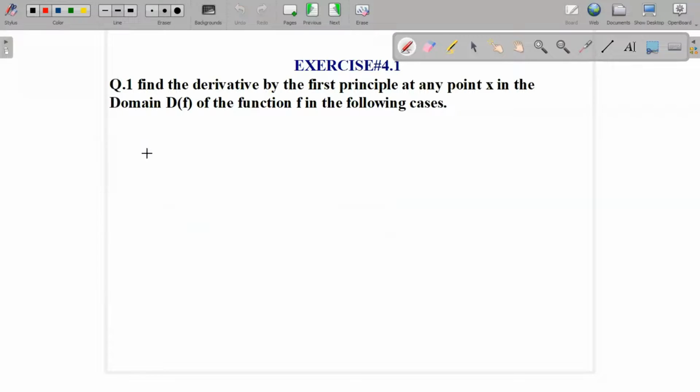Now start with question number one, part number one, which is f of x is equal to x squared, and here the domain of f is the real numbers. First we will take any point A. Let A belong to the domain of f.